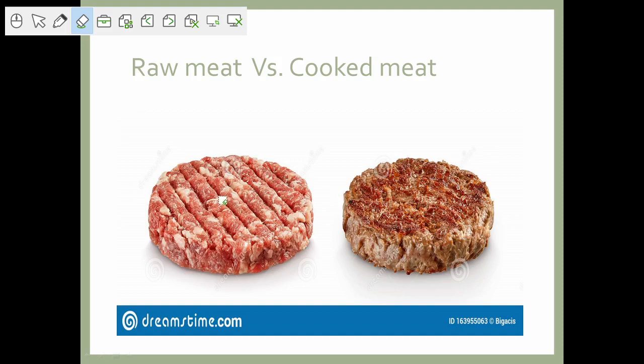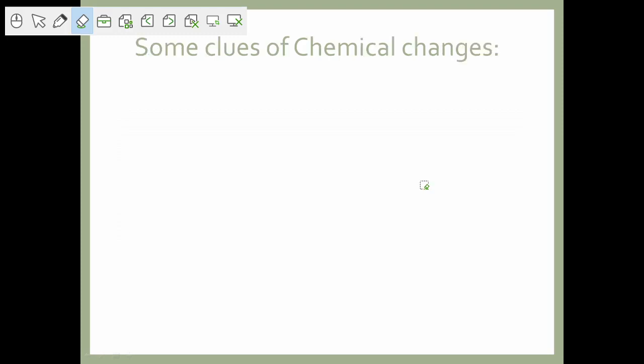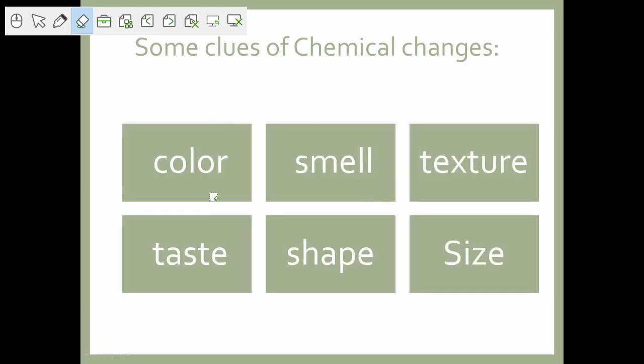Here the smell is different from the smell here. Here we have some clues of chemical changes. Different colors, smell, taste, shape, and size.